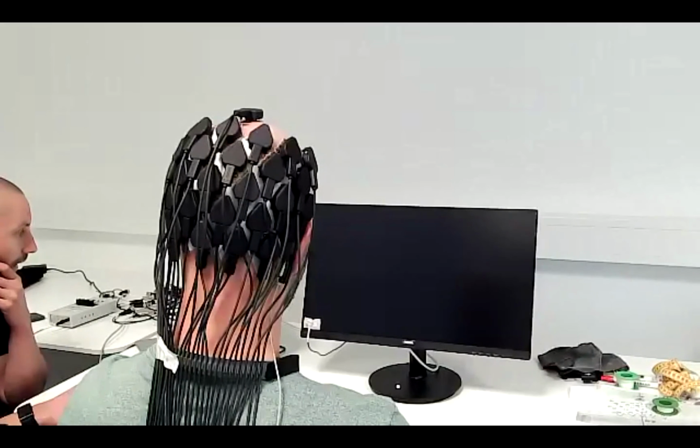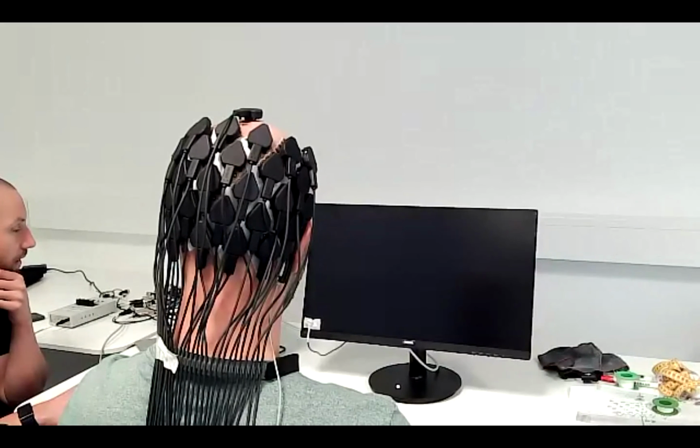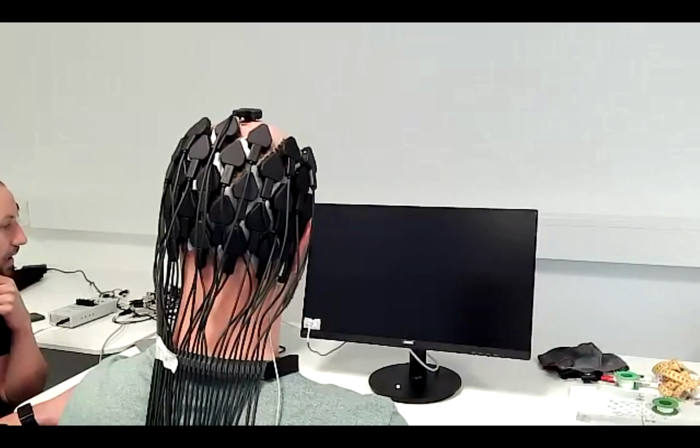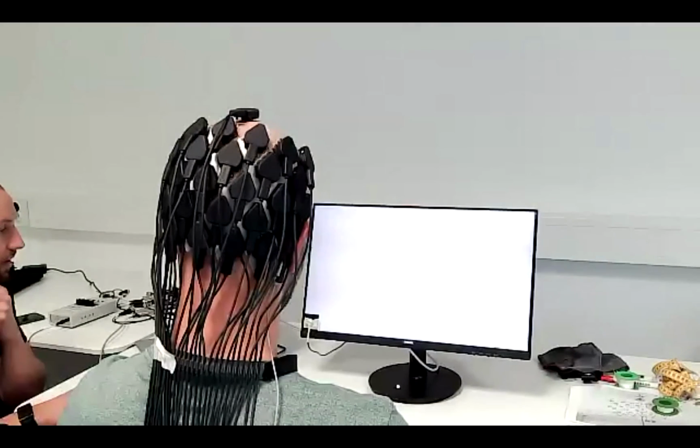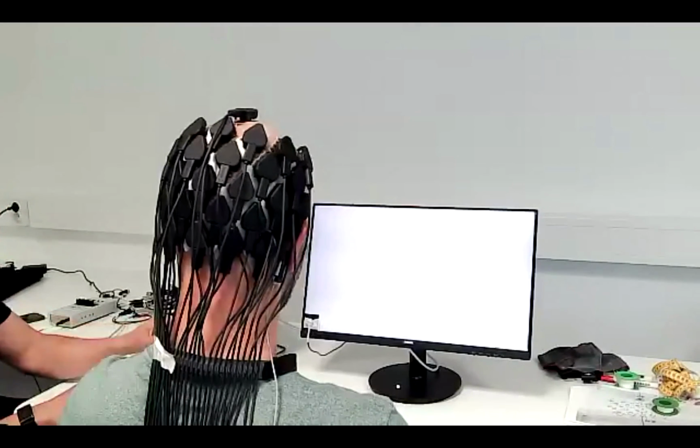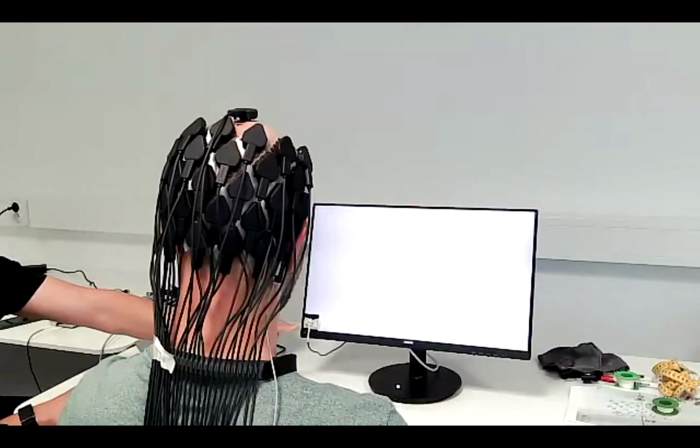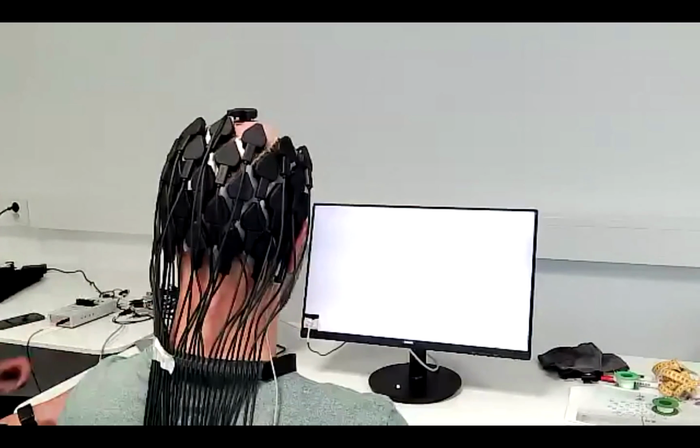So I will just start now the experiment, and then you should see the screen. On the left bottom where I put my finger now, maybe you can see it, here is the photo sensor.